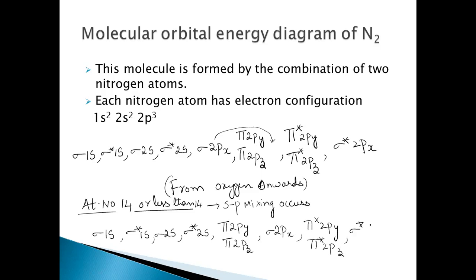So this is the order of filling up of the orbitals for atomic numbers till 14 and for atomic numbers more than 14.